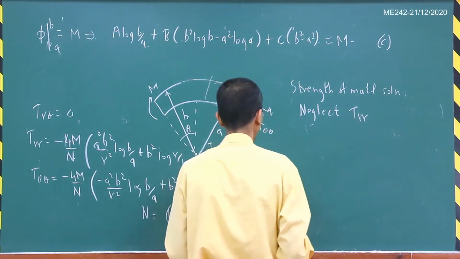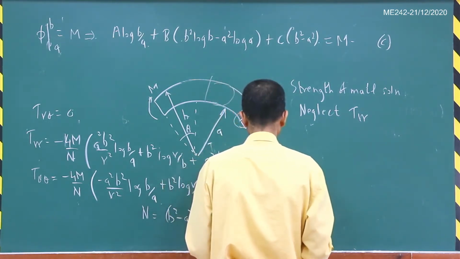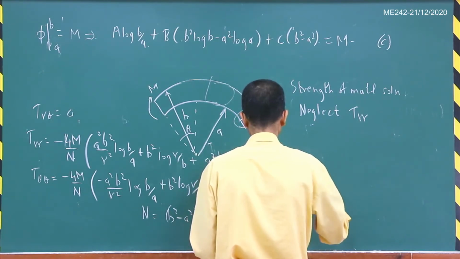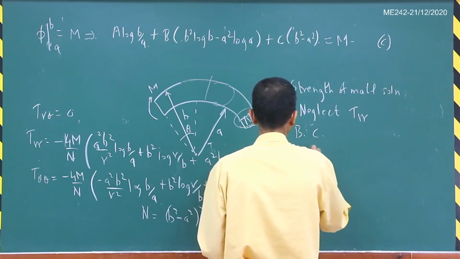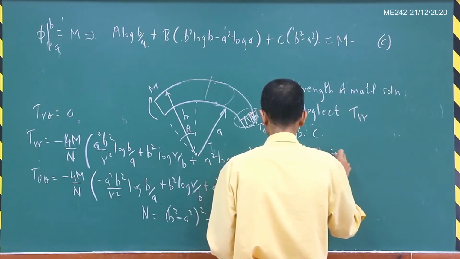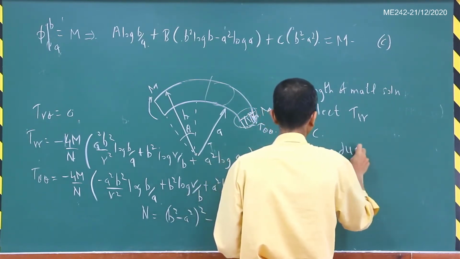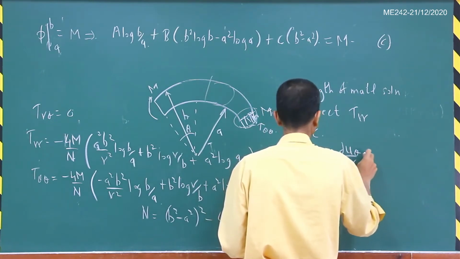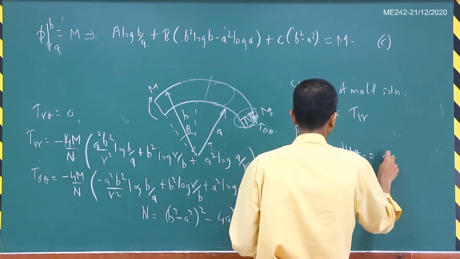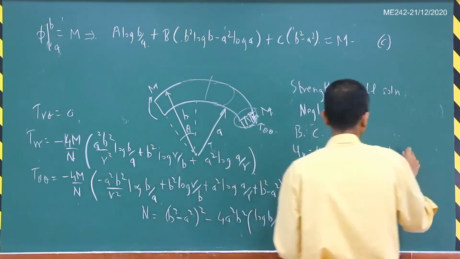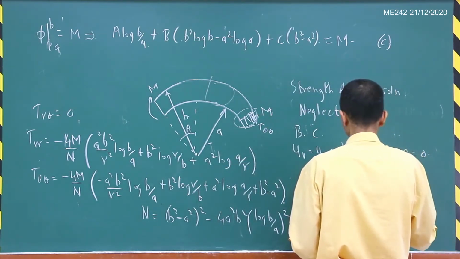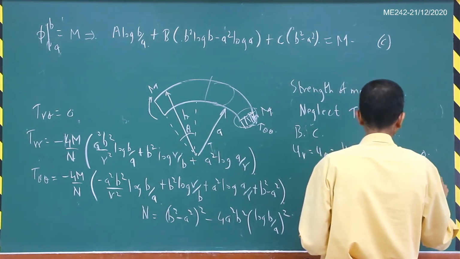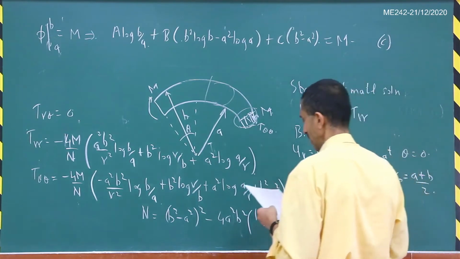To find the displacement field, we use the boundary conditions that u r equal to u theta equal to del u theta by del r equal to 0 at theta equal to 0 and r equal to r naught equal to (a plus b) divided by 2.